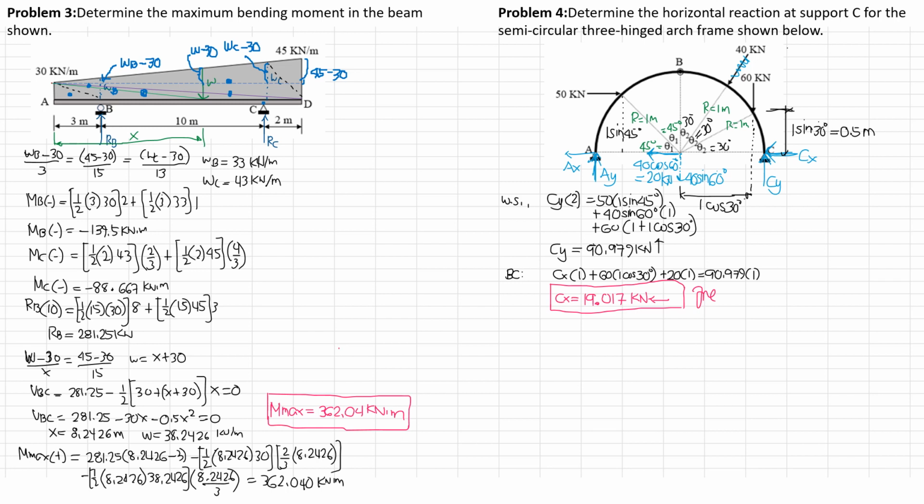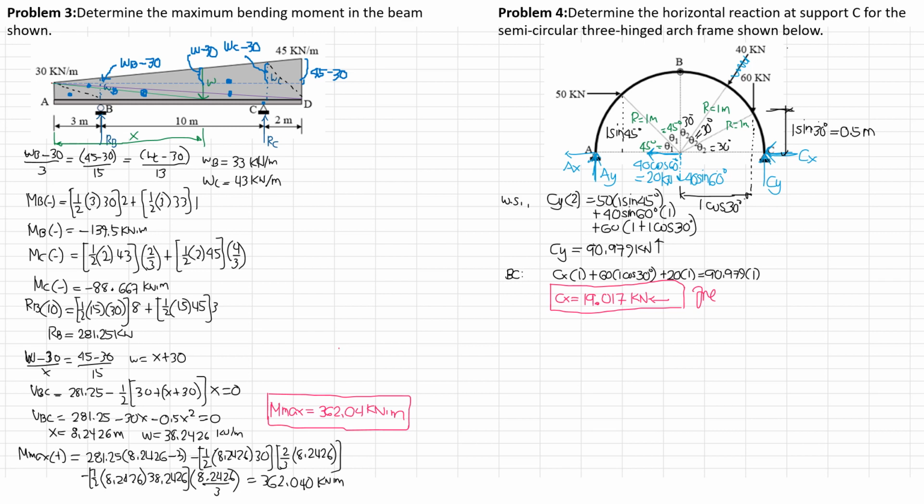Then shear in BC is RB, which is 281.25, minus the area of the trapezoid, 1/2 of the quantity 30 plus W, and W is x plus 30, times the distance between 30 and W, x. Then we set it to 0 because we want the point where shear in BC is 0.